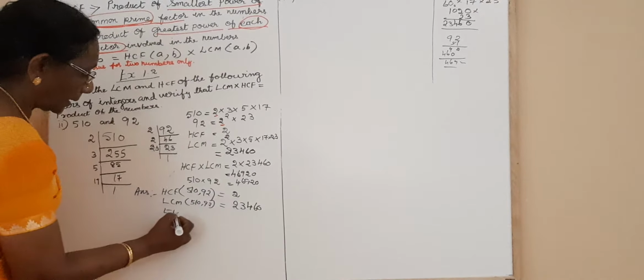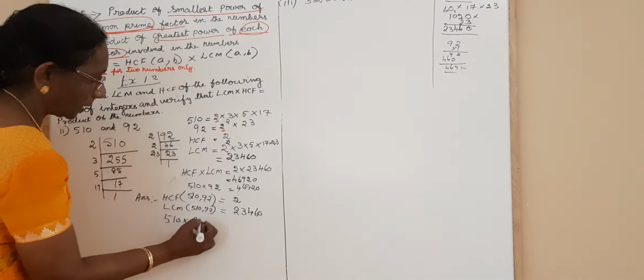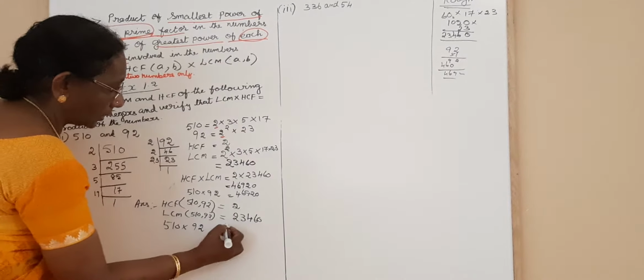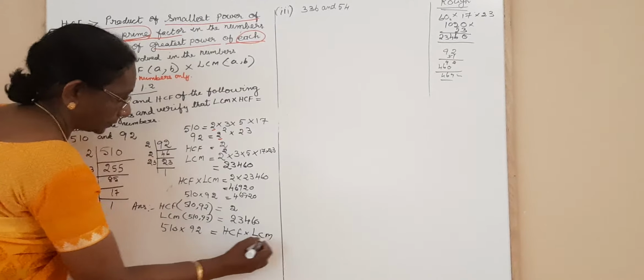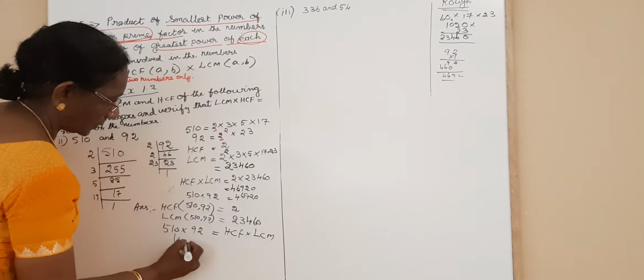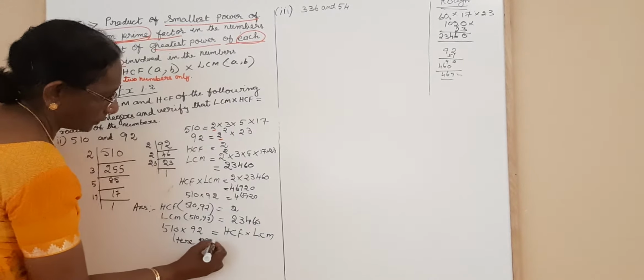Now 510 into 92, product of the numbers is equal to HCF into LCM. Hence, true.